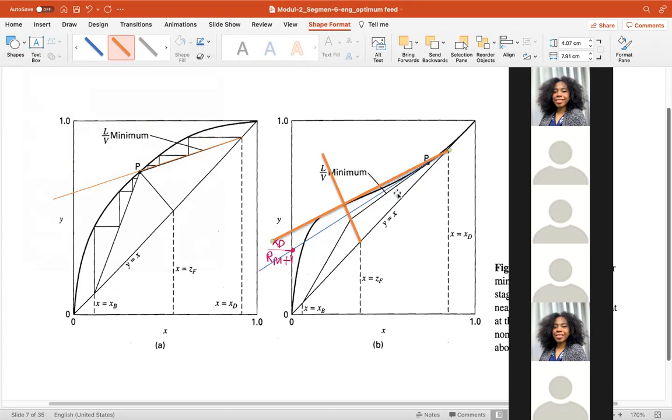This one is not the right way, because then you have a line that is actually outside the equilibrium. So this is wrong.